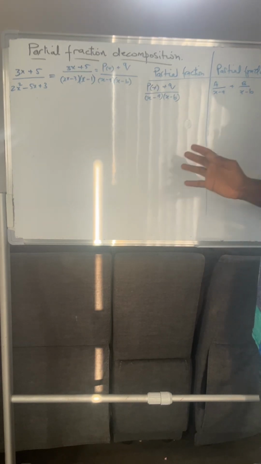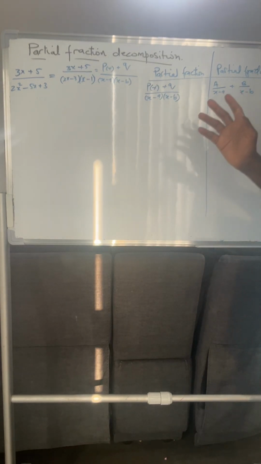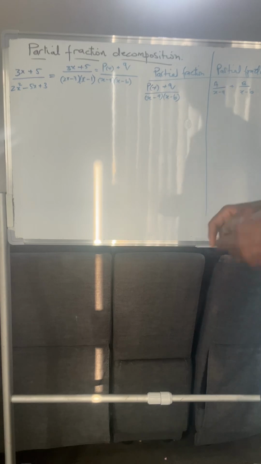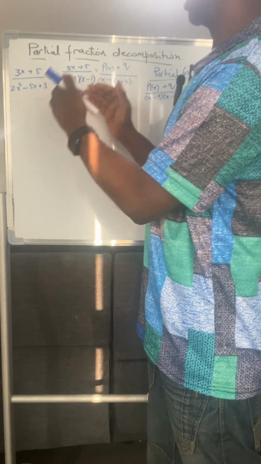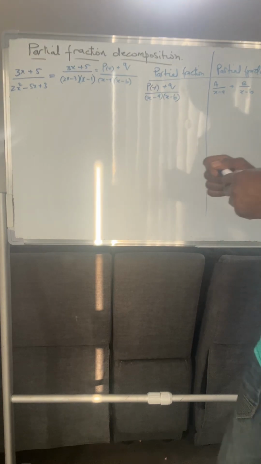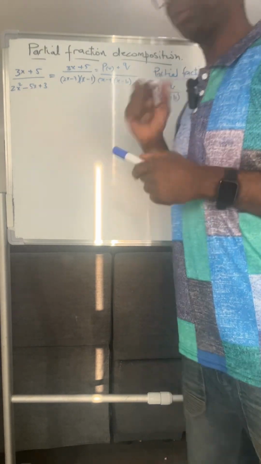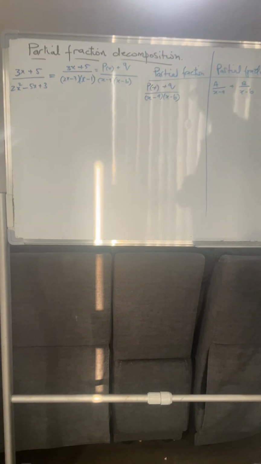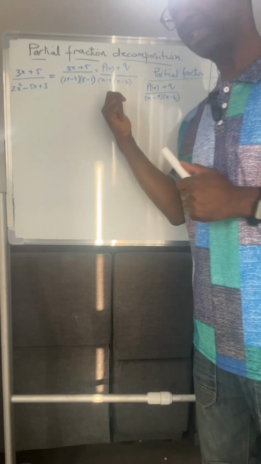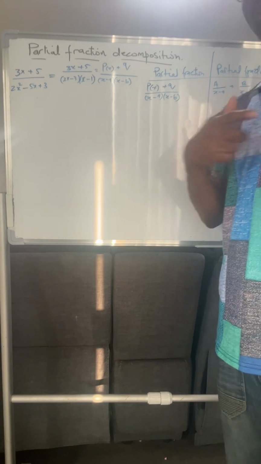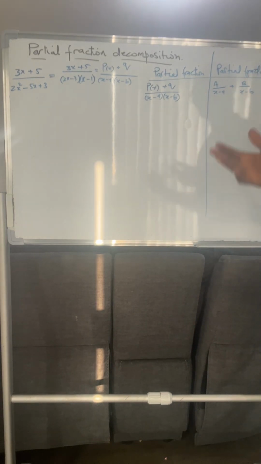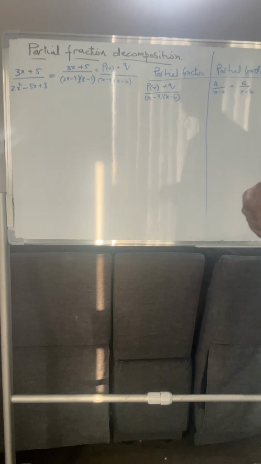So if you are given a partial fraction and you're asked to decompose it, you try to bring it into a situation wherein you are able to factorize the denominator. Once the denominator is factorized, then you can work out what the likely result of that partial fraction would be.